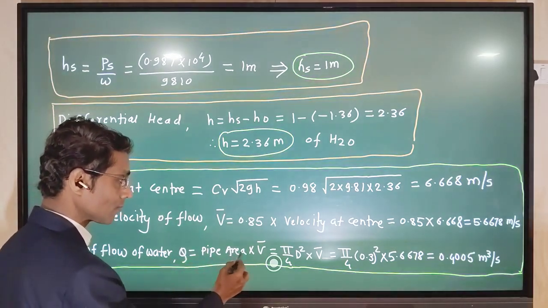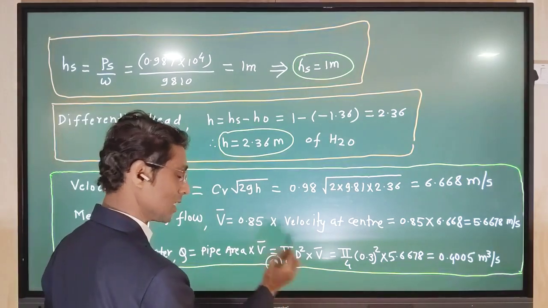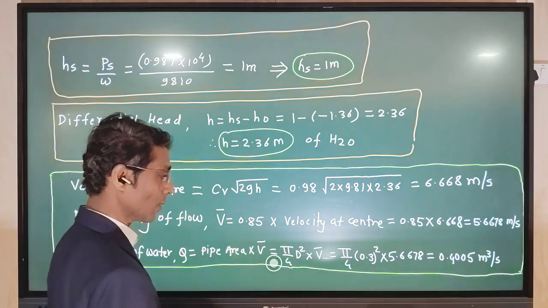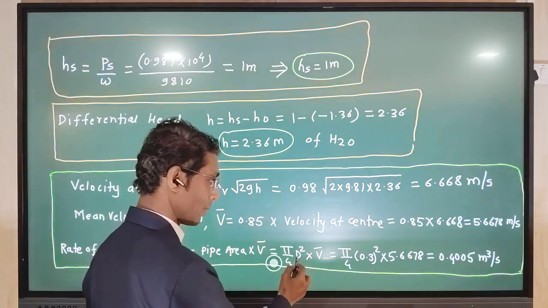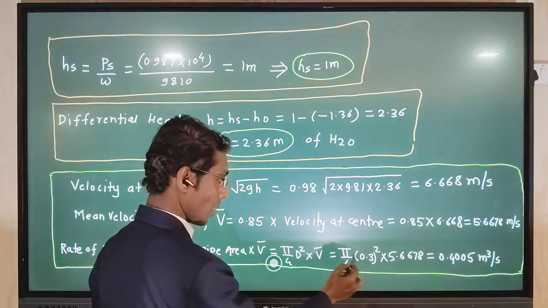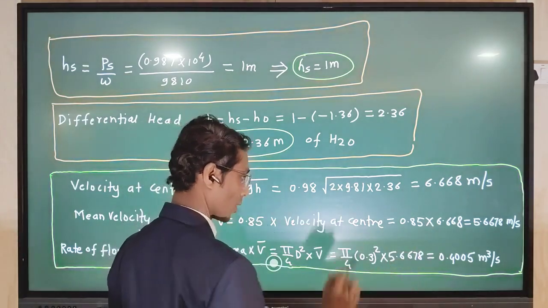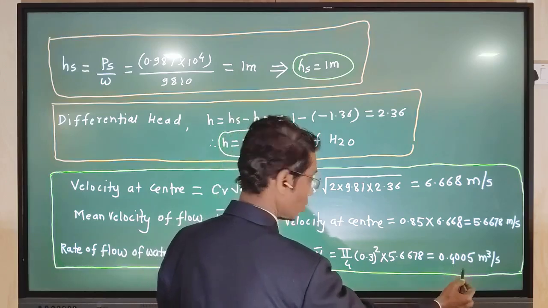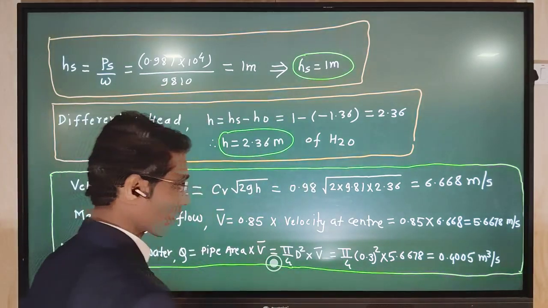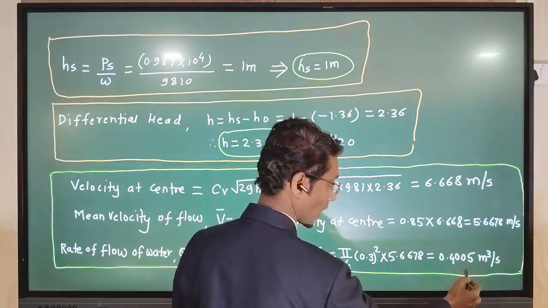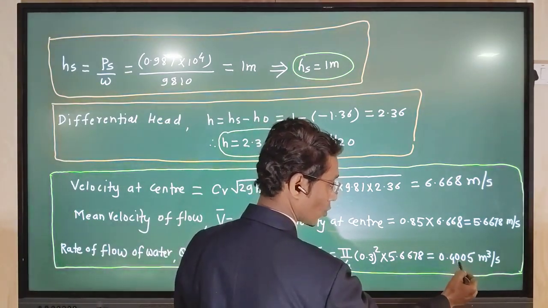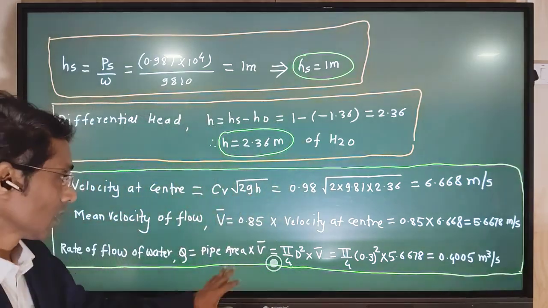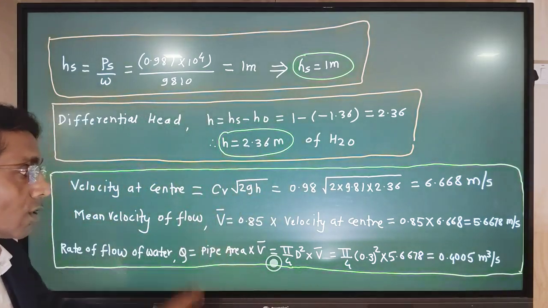The pipe area is pi by 4 into d square, multiplied by the mean velocity, V bar. Putting the value of diameter in meter and V bar calculated over here, doing this calculation we get the rate of flow of water, that is the discharge passing through the pipe, as 0.4005 meter cube per second, which is asked in the statement.